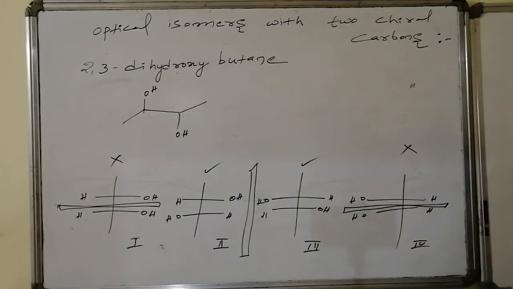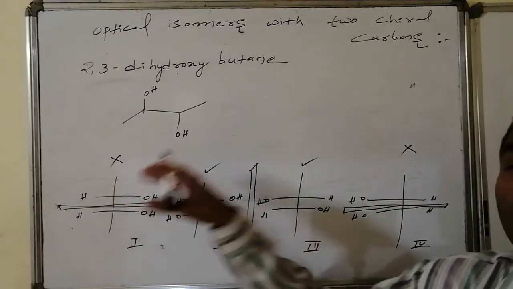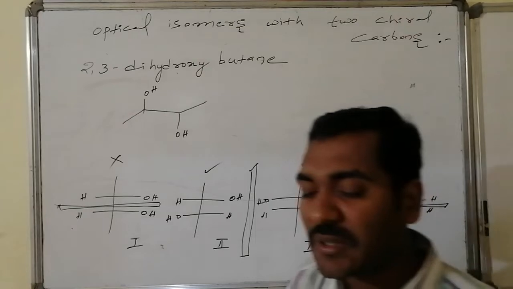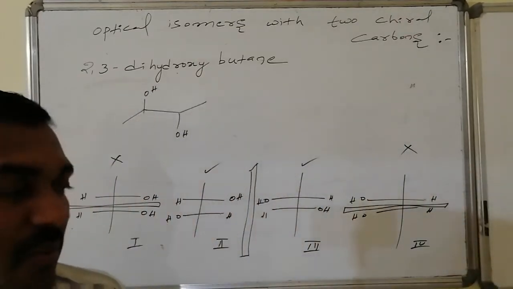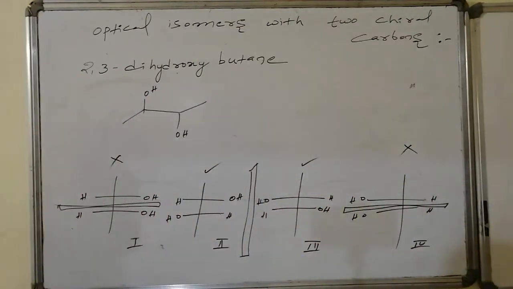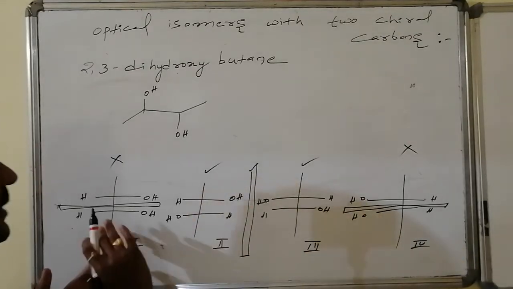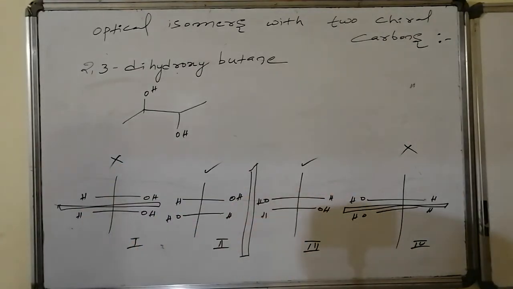In the case of meso molecules, the mirror image is not considered as another isomer, because it is optically inactive, so it is considered as just one meso compound. Thus here we have a total of 4 optical isomers, but what we consider is this inactive one and the mirror image of this inactive one as the same molecule, not as different molecules.